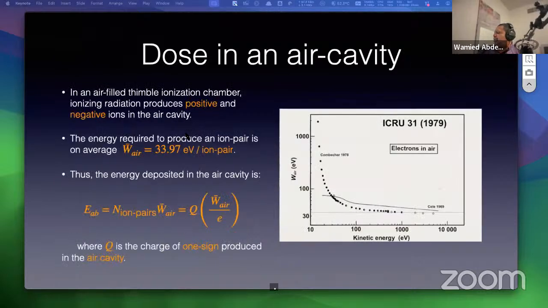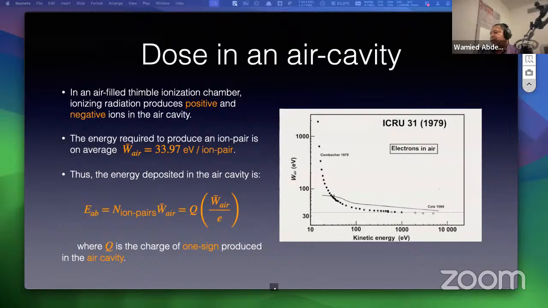So the dose in air-filled ionization chambers: when the chamber is irradiated, what is produced inside the air cavity are positive and negative ions. The reason why we don't have positive ions and electrons is that, remember, when we have ionization, essentially we're freeing an electron from air molecules. So to have positive ions, that's trivial.